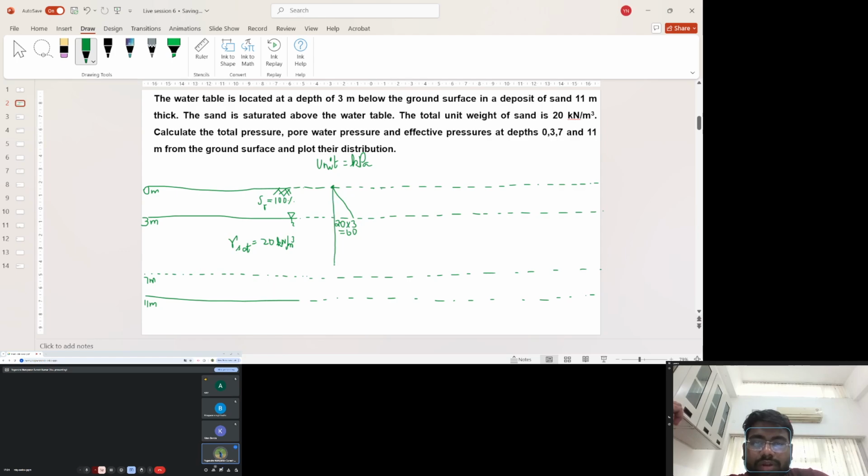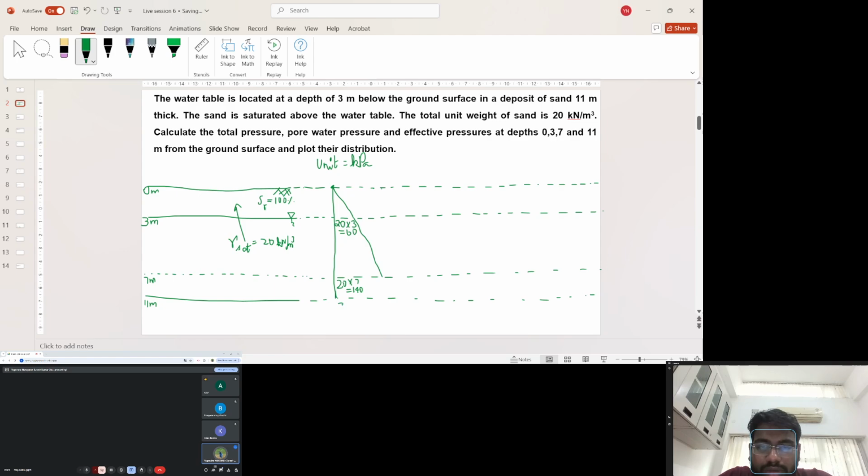So let this be the reference line, and this will be applicable here. Now at 7 meters, it will be 20 into 7, which is 140. So it will reach 140.